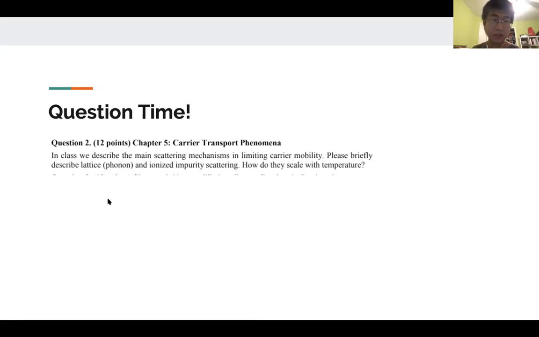So question time. Anyone can just unmute themselves and answer this. How do you describe phonon and ionized impurity scattering, and how do they scale with temperature?